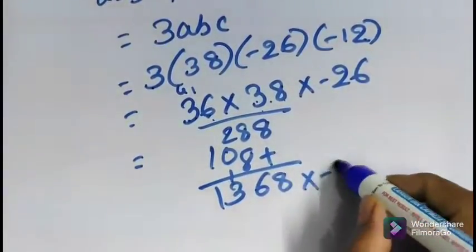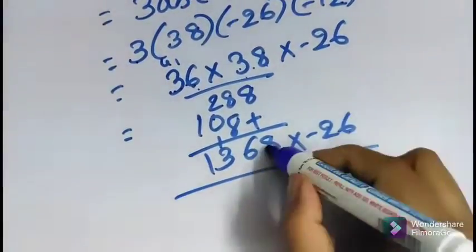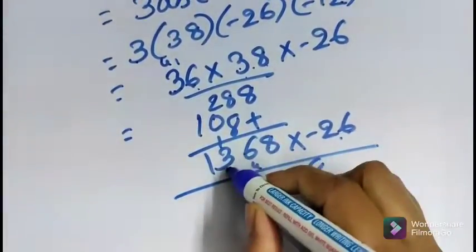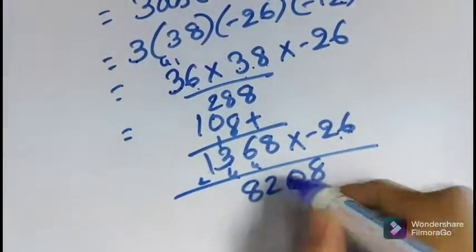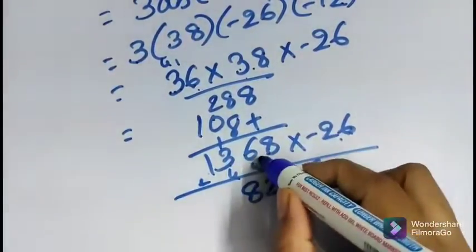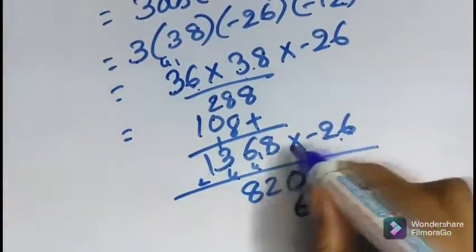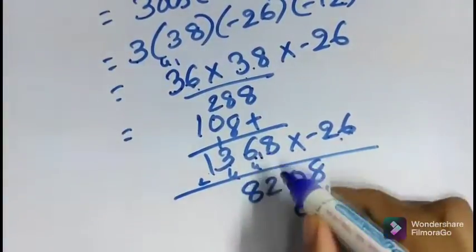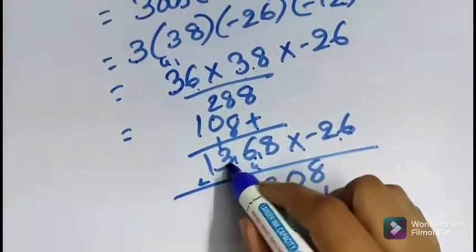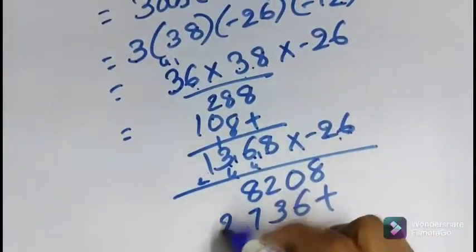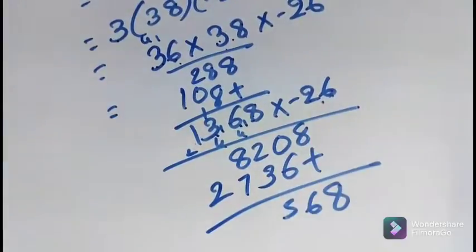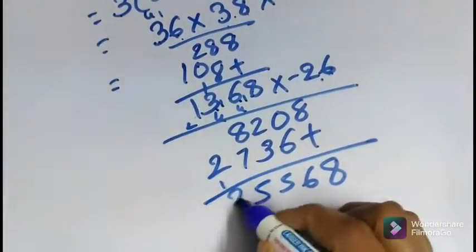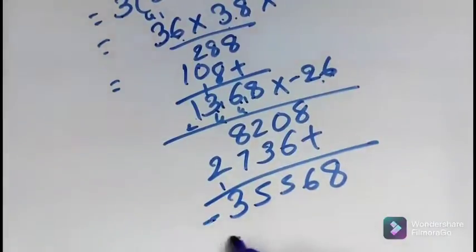So into minus 26 will give us 6 8s are 48. 6 6s are 36, 40, 6 3s are 18, 22, 6 1s are 6, 8. 8 2s are 16, we have, so 6 2s are 12 plus 1, 13. So 2 3s are 6 plus 1, 7, 2 1s are 2. So we have 8, 6, 5, 15, 3. But there's a minus sign here. This is the answer.